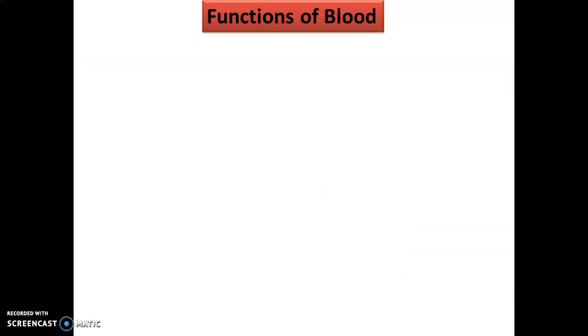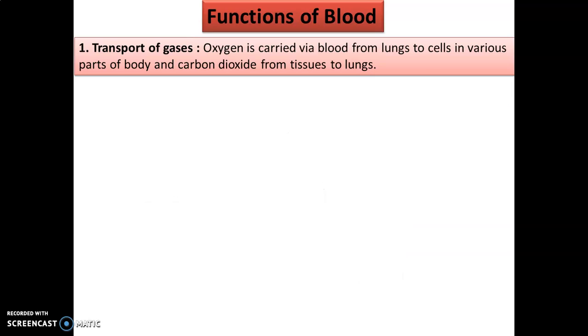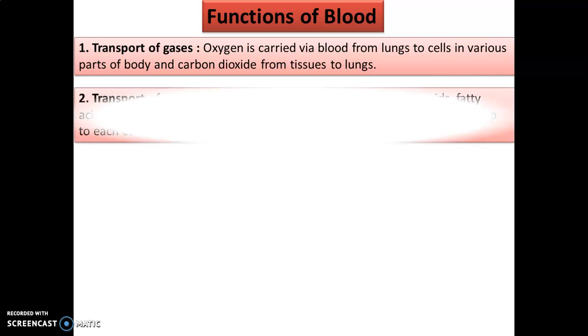Let's go further. Now let's go to the functions of blood. The first one is transport of gases. We all know that oxygen is carried via blood from lungs to cells and carbon dioxide from tissues to lungs. We have studied the process of inhalation and exhalation.